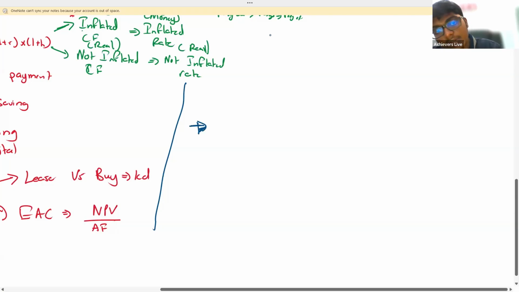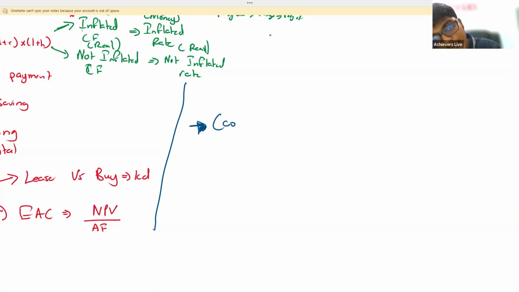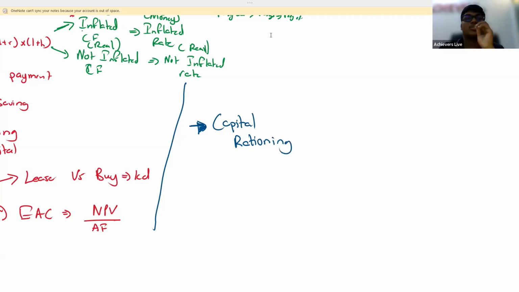Next topic is what? Capital rationing. So, what is capital rationing? Capital rationing is a situation where a company does not have enough capital, enough finance to invest in all of the positive NPV projects. Okay, that is capital rationing.